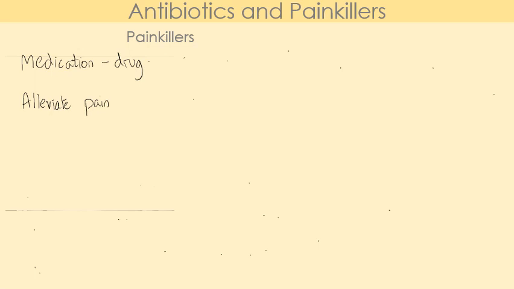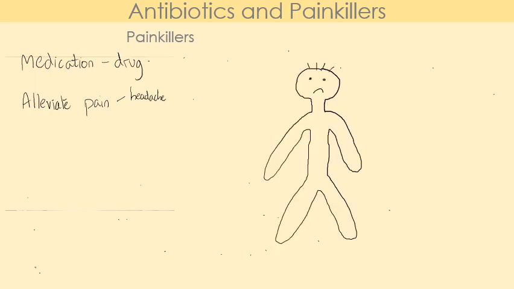And painkillers can be taken at all sorts of times. They can be taken if you have a headache. So if you have a headache, painkillers can help reduce the pain from the headache.